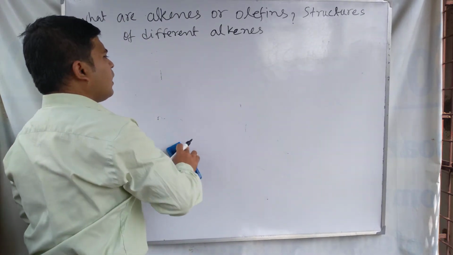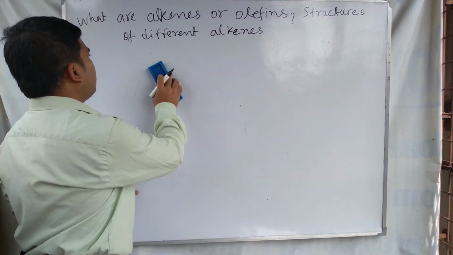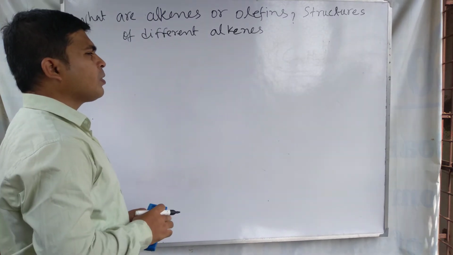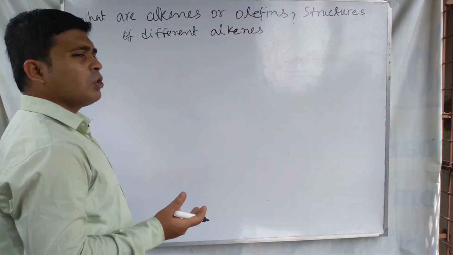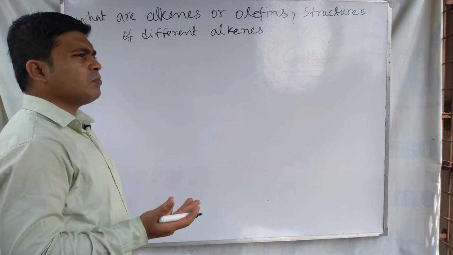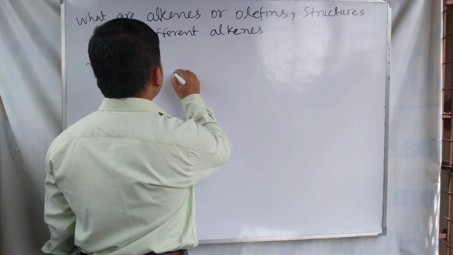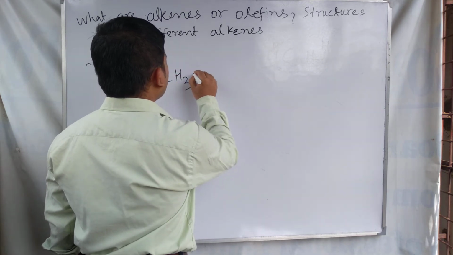Alkenes can also be branched chain, or cyclic, which you can call alicyclic alkenes. Now we draw some alkenes.